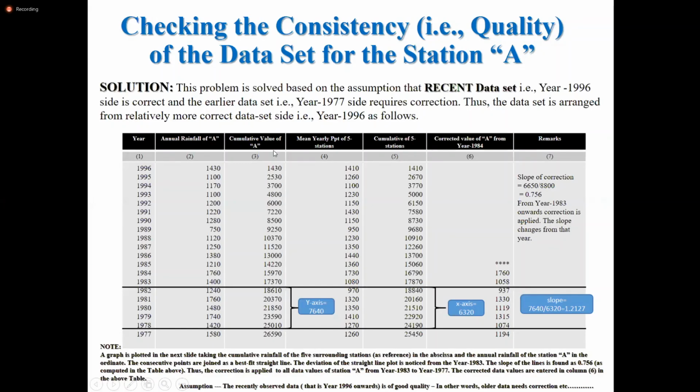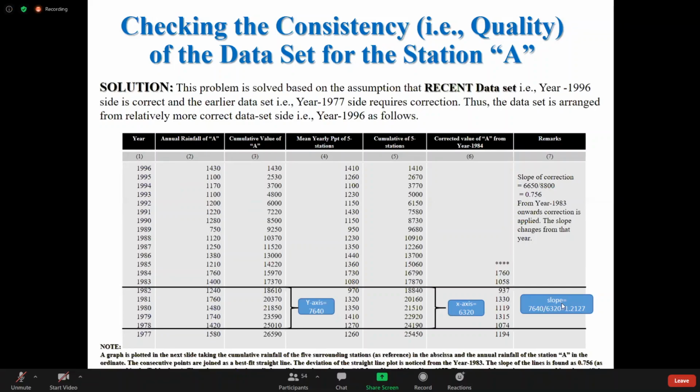We take the cumulative value of A and we go to the 77 value, or 78, it doesn't matter whichever you want to take, because that slope will be the same at 77 and at 78. So you take the difference between this value and that. These are cumulative. So 25,010 minus 18,610 will give you this. And then on the x-axis, you do the same, and then you find the slope.